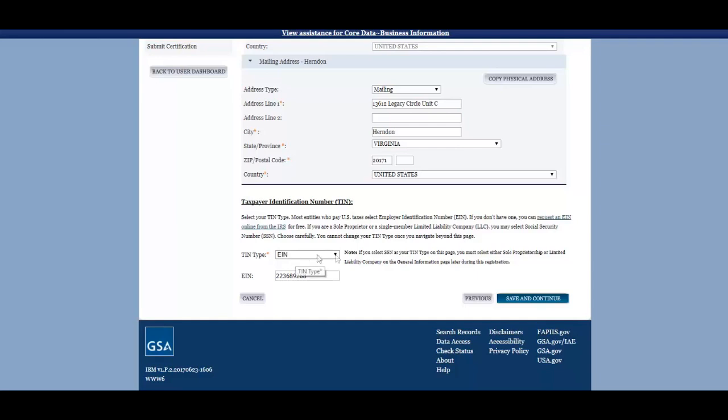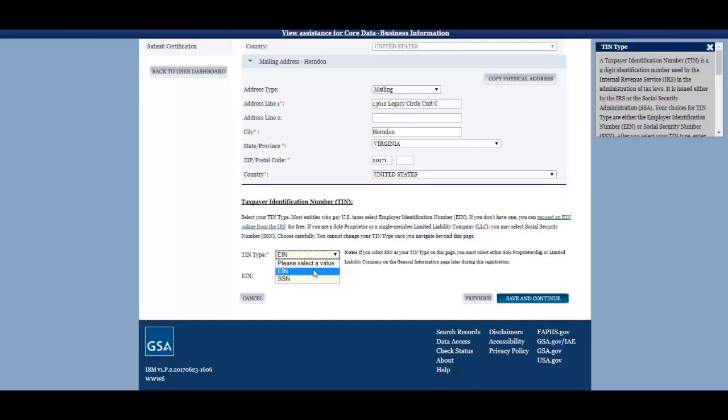We have TIN type, and that would be either your EIN or you could use your social security number if you are a sole proprietor, but it's probably better for tax purposes to be an entity unto yourself, a business entity rather than an individual entity for liability purposes. Okay, here's my EIN, beginning with the 22.